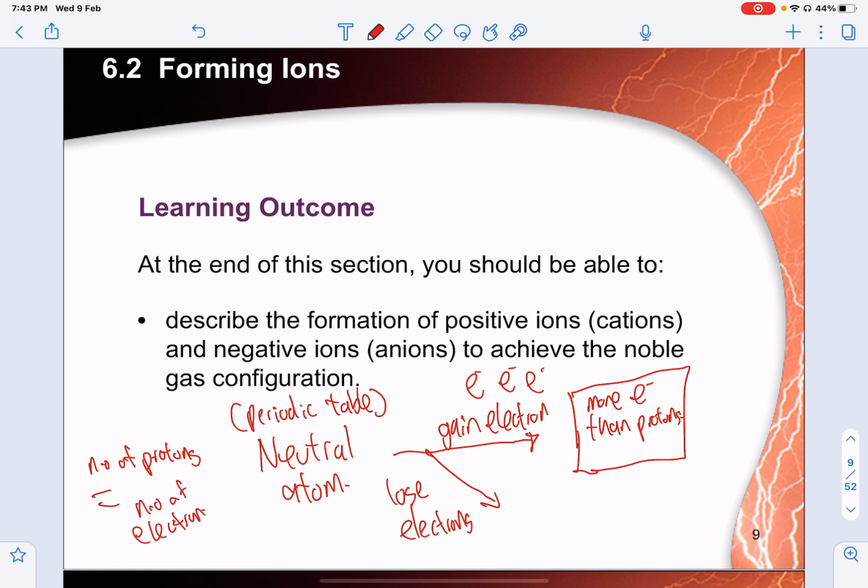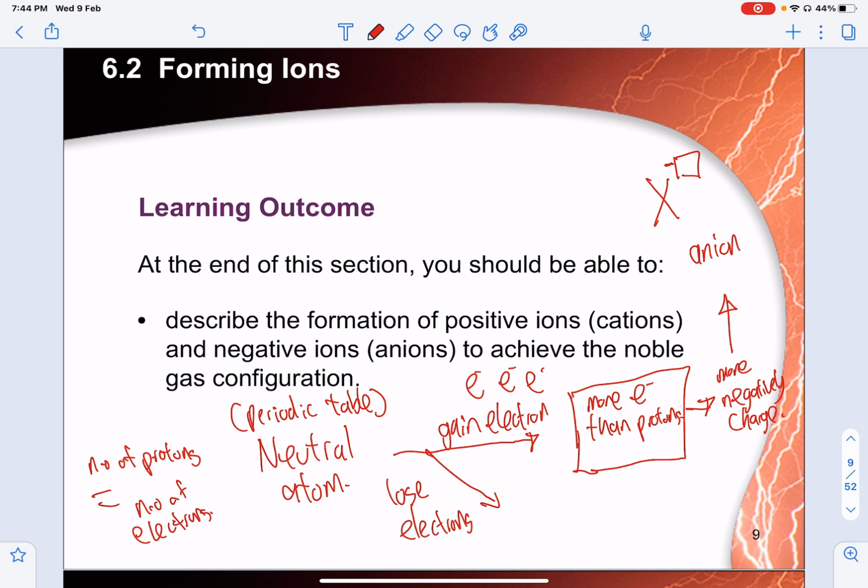But once it gains electrons, you tend to be more negatively charged. And when you become more negatively charged, you form the ion that you call an anion. Anions are generally written with the symbol and a negative charge on it. The number in the square bracket will represent the number of electrons that has been gained.